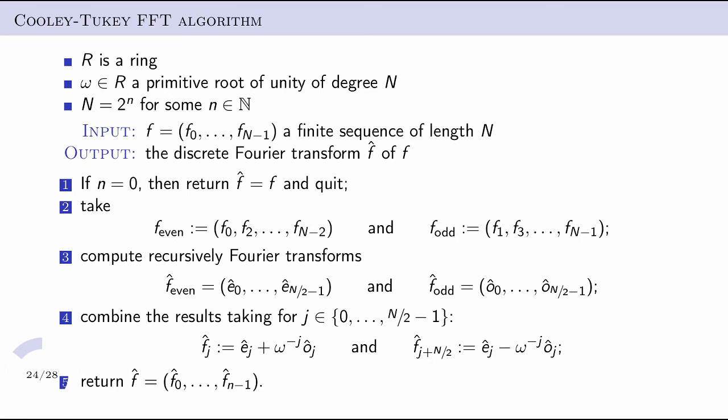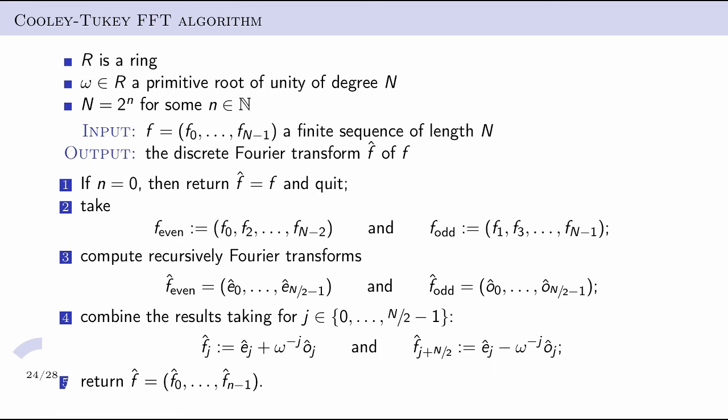So we'll assume that we have a ring R. We have a power of 2, which we denote capital N, and there exists a primitive root of unity of this degree. Then this algorithm takes a finite sequence of length n and computes its discrete Fourier transform.